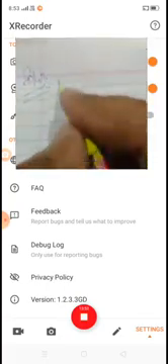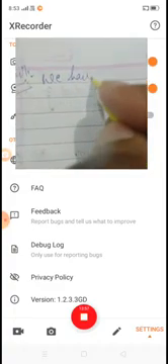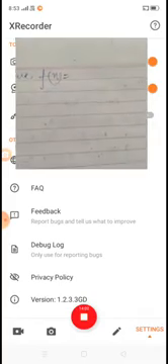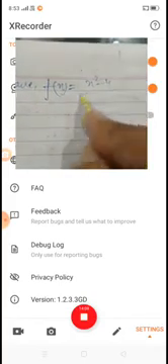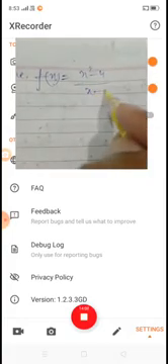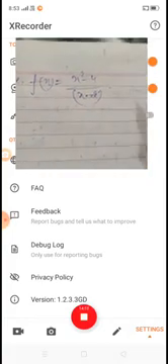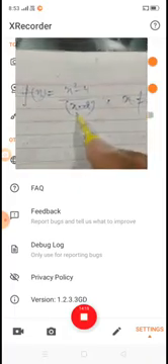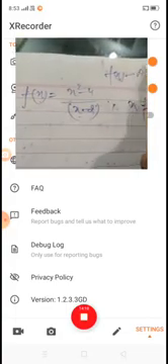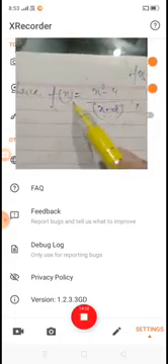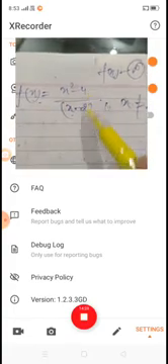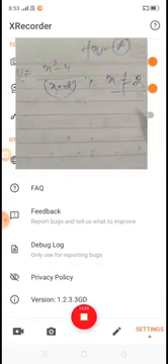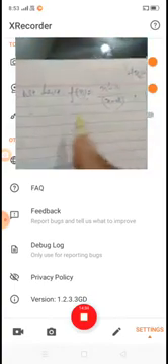First of all, we have the function f of x defined by (x square minus 4) upon (x minus 2), where x is not equal to 2, because if we put x is equal to 2, then f of x is not defined. So we have f of x equal to (x square minus 4) upon (x minus 2) and x not equal to 2.